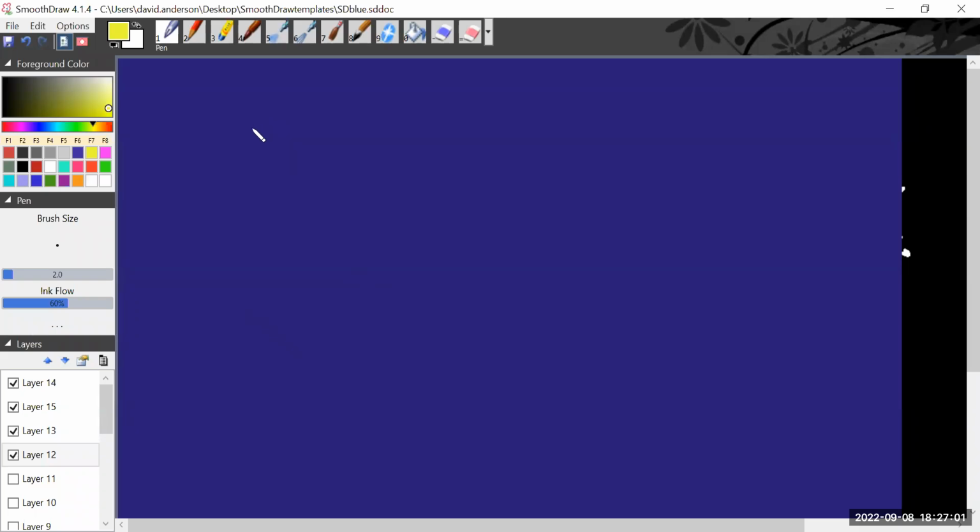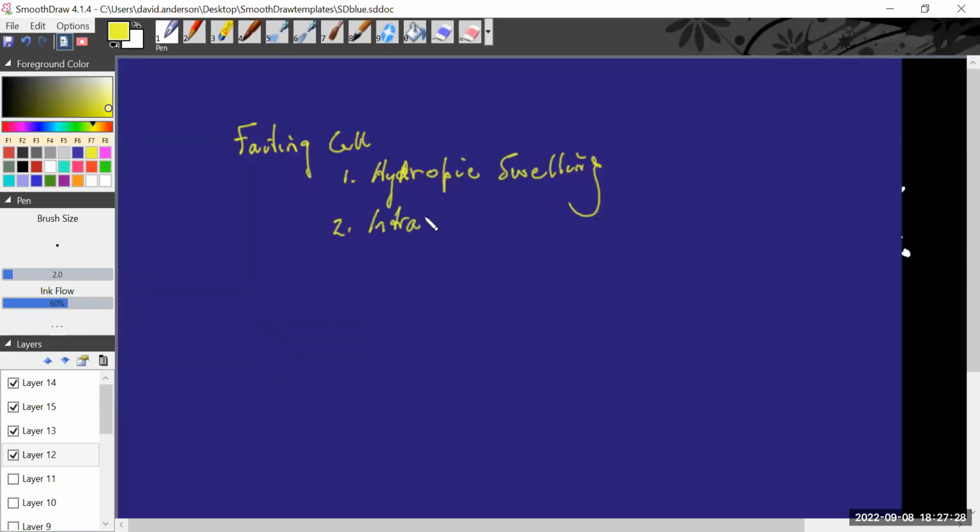So we said that a failing cell is going to exhibit hydropic swelling. And the other thing that we might see under a microscope, you need a microscope for both of these things, is what are called intracellular accumulations.